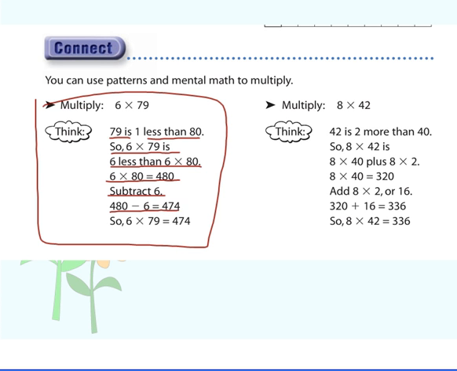So 480 take away 6 is 474. So 6 times 79 is 474. So you're using what you know. 6 times 80, 480 minus 6 equals 474.